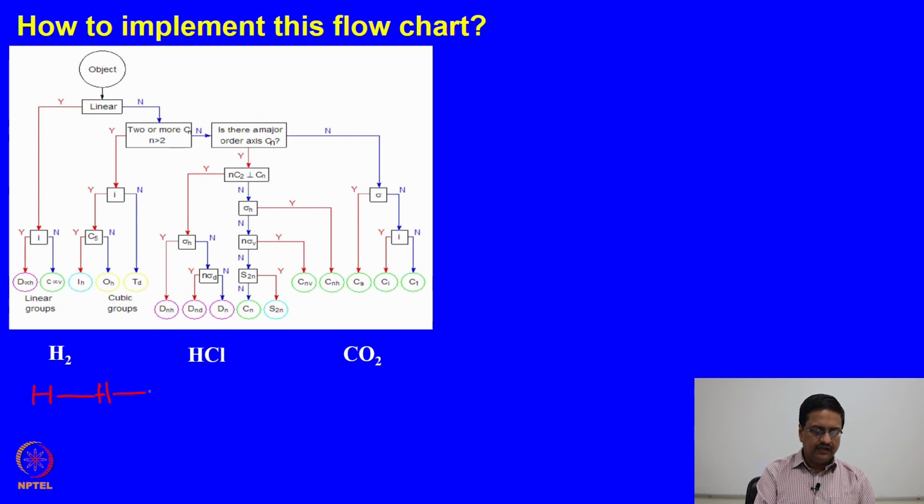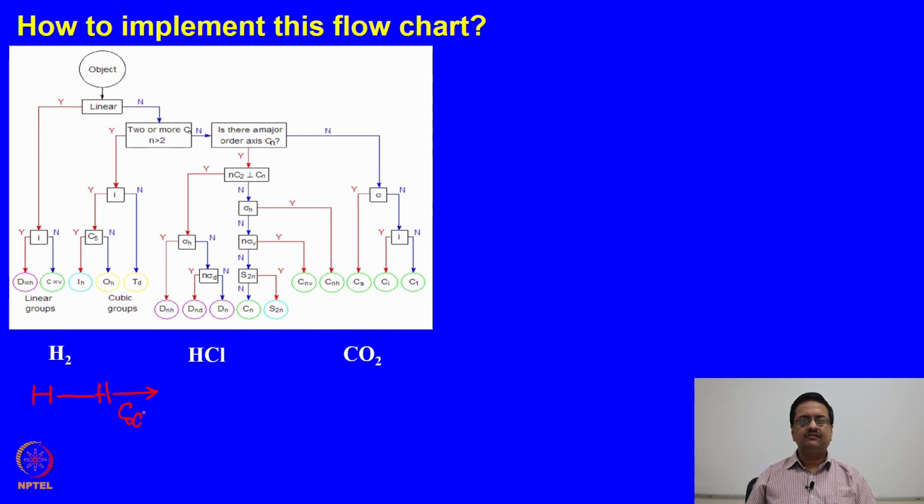This molecule has the bond axis as the C infinity axis. This molecule being linear, it has infinite degree of rotation, which means if you rotate the hydrogen molecule by an infinitesimally small amount, it remains the same.